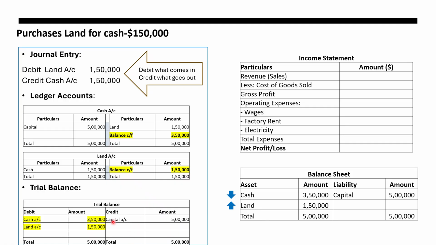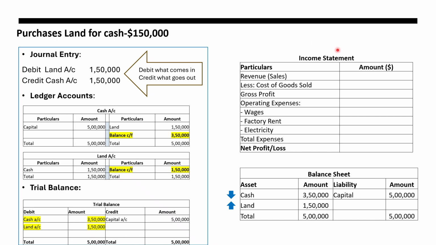So now if you add these two, it totals to 5 lakhs. So the debit side and the credit side of the trial balance has tallied. This ensures that it's arithmetically correct. So far we've passed the journal entry, posted to ledger accounts, and we have built the trial balance after the second transaction.